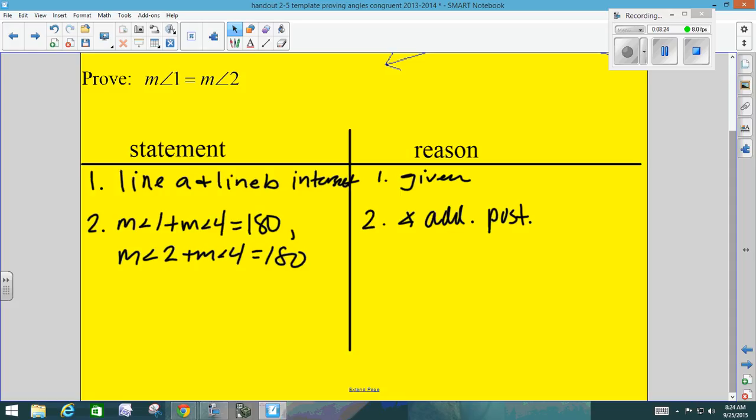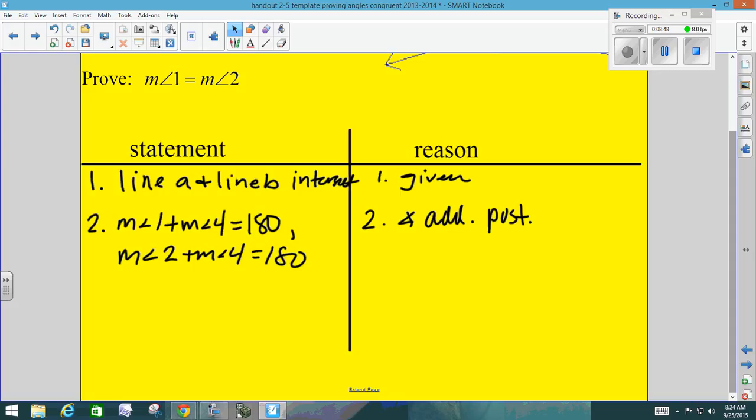Sorry, that was sloppy. What property is this? Good. That's okay. If the measure of 1 plus 4 equals 180, and 180 equals 2 plus 4, we can eliminate that middleman and then just say that 1 plus 4 equals 2 plus 4. Anytime you want to use the transitive property, that's also substitution.